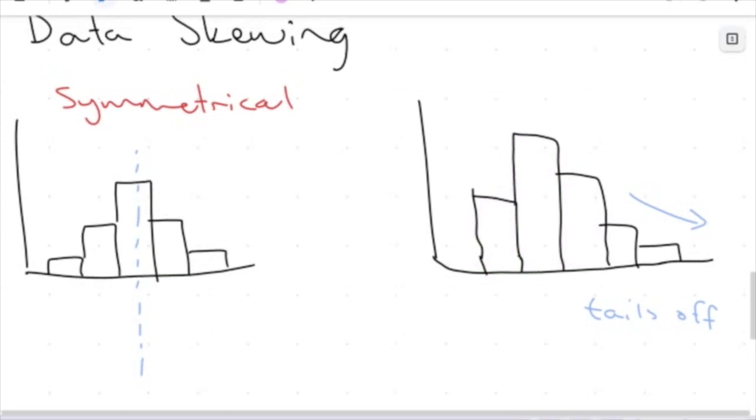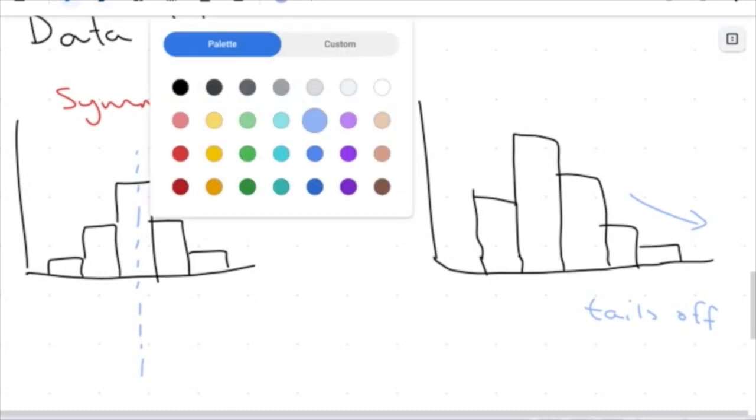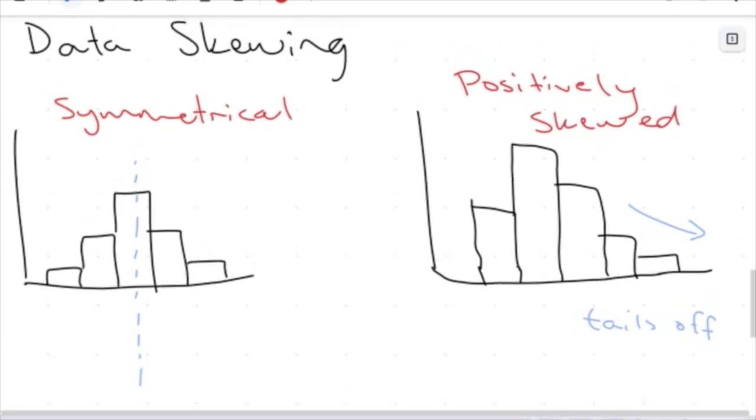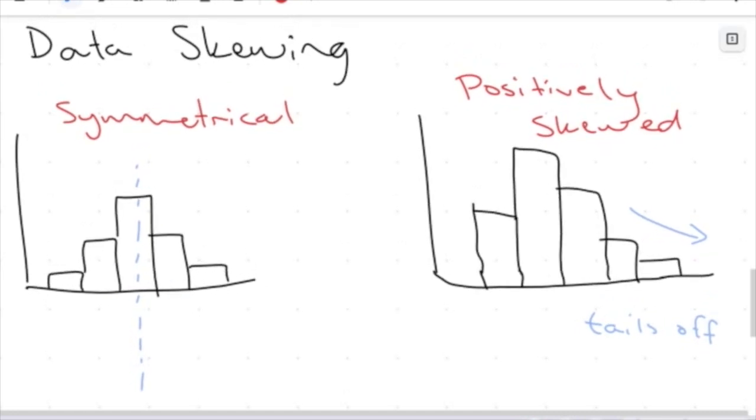Now what we call this one is a data set that is positively skewed. So what we mean by that is it's all to do with how the data tails off.